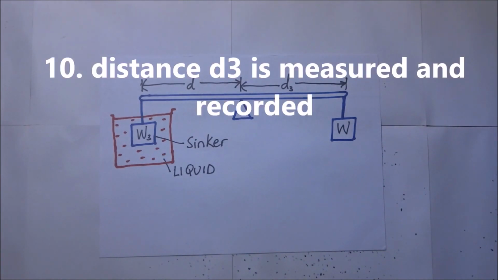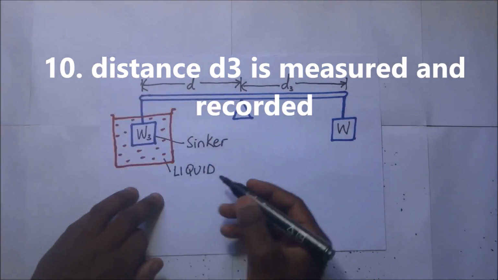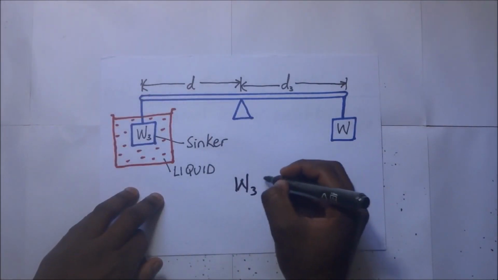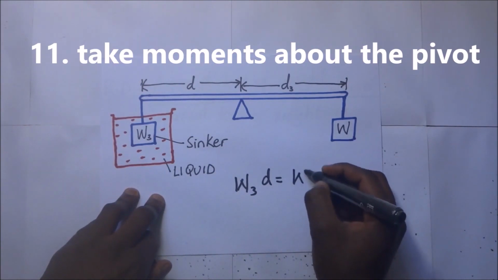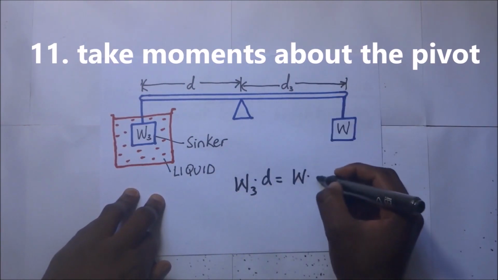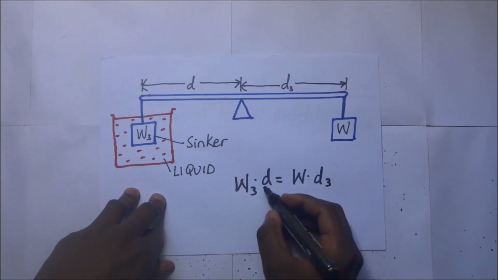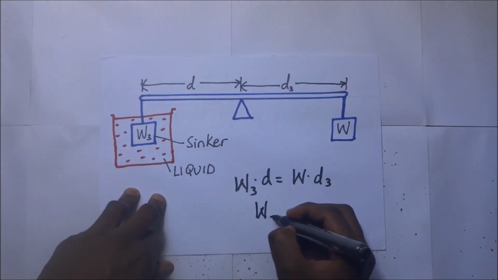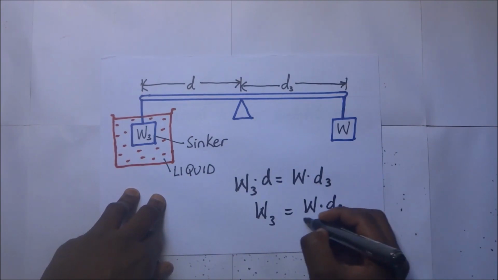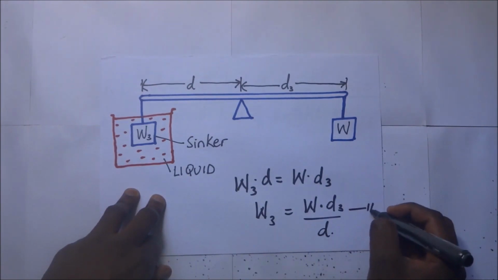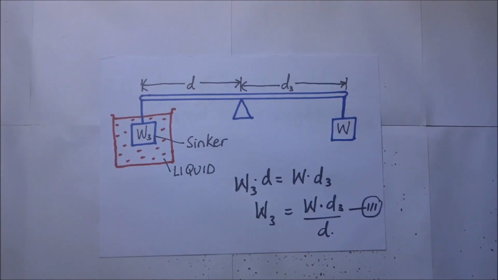Clockwise moments, it means that W3 times the distance D is going to be equal to the known weight W multiplied by the distance D3. So W3 in this case is going to become W multiplied by D3, divided by D. And this is the third expression right there.